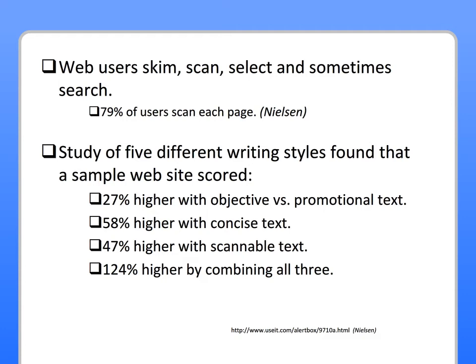And then when there was a study of 5 writing styles, this is how a sample website scored: 27% higher with objective versus promotional text, 58% higher with concise text, 47% higher with scannable text, and 124% higher by combining all three. What that means is a better user experience when you can find the right combination.